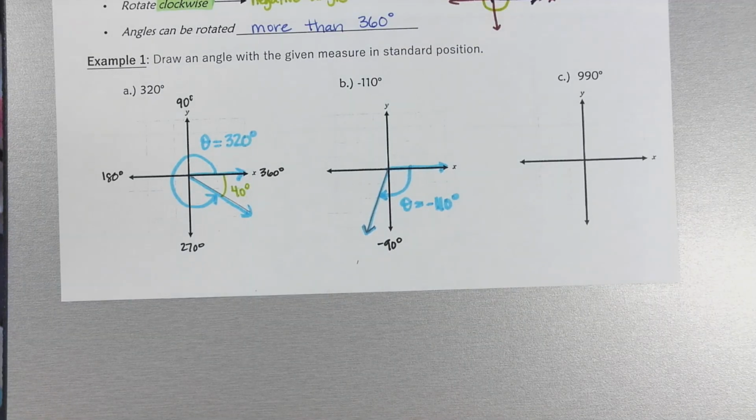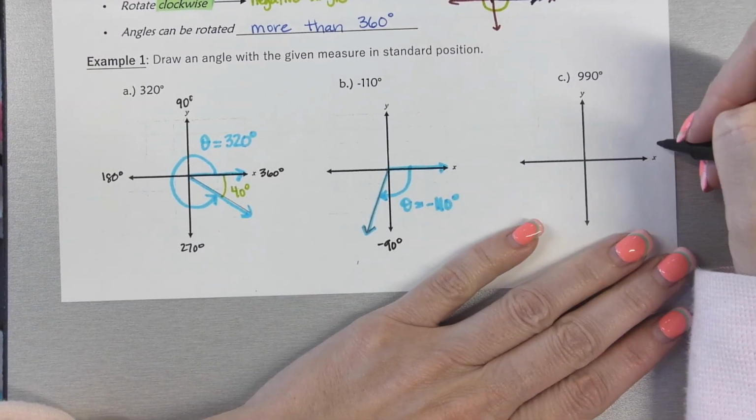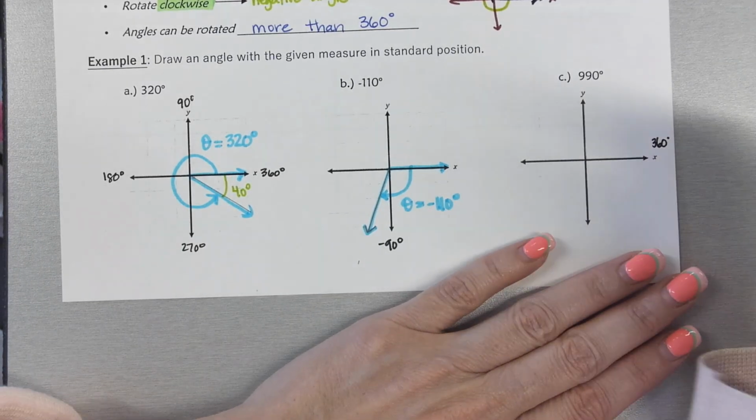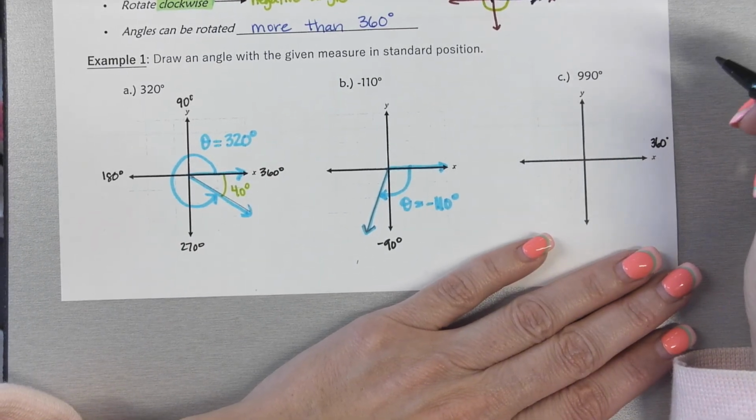Okay, did some of you start on part C already? So it's 990, so it's definitely greater than 360. If one time around is 360, what's 2 times around? 720, because you just double it, right?